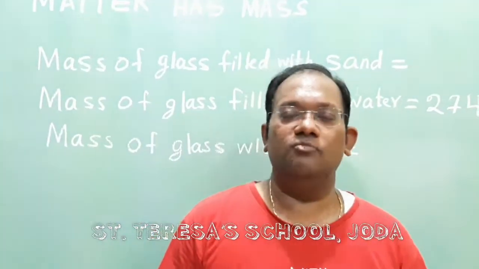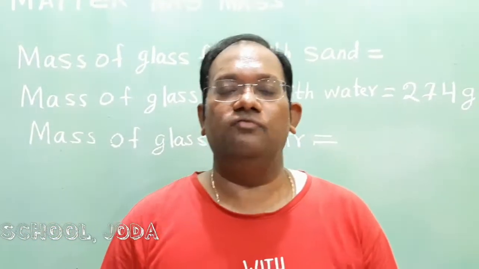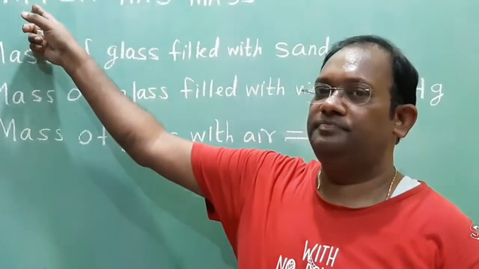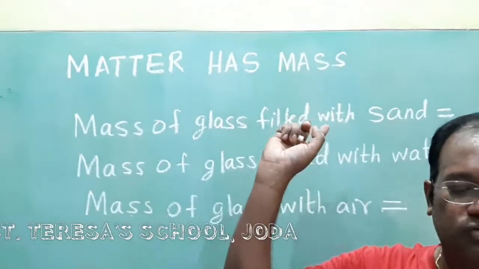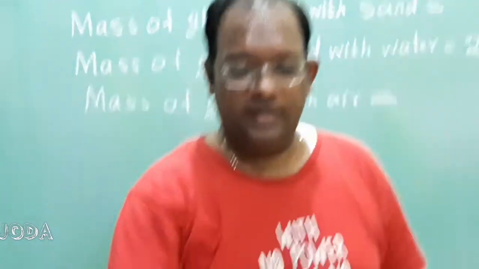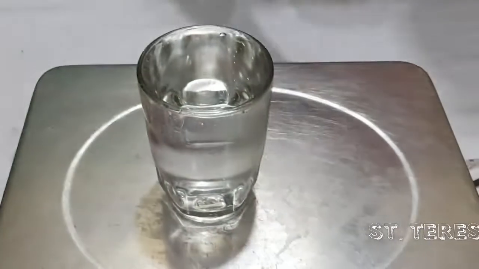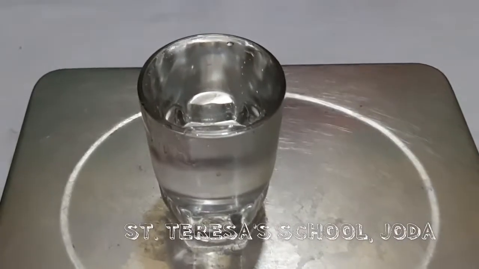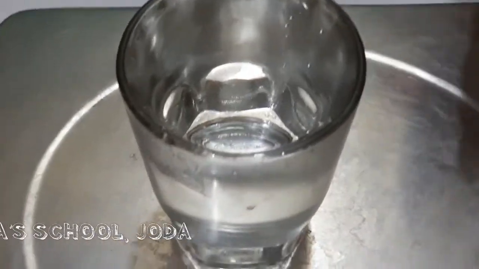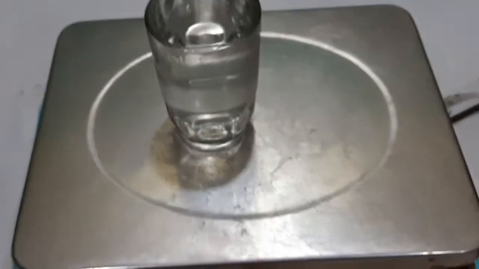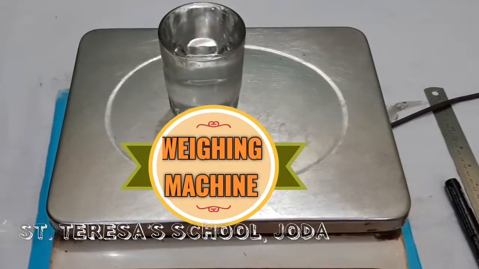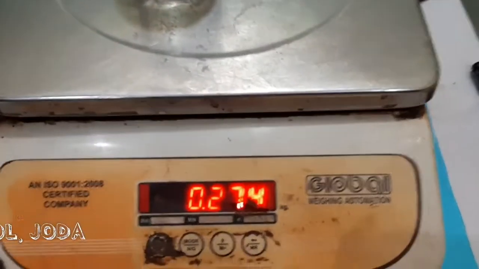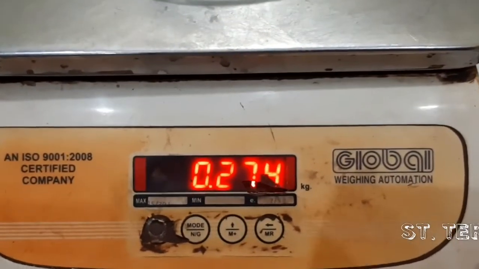So students, here I'm going to do one more activity for you to show that matter has mass. For that, I have taken a glass filled with water up to the brim and I have kept it on a weight measuring balance. Let us see the mass of this glass filled with water.